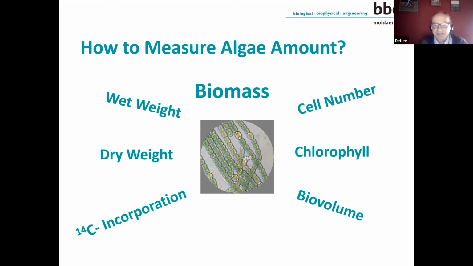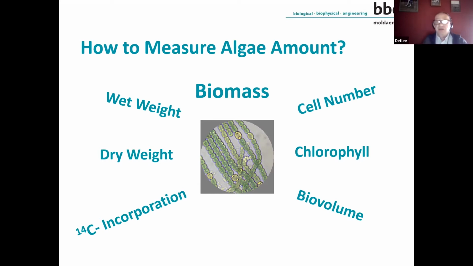You can imagine that takes a lot of time, of course, and you need skilled people. Another classical way, which is also established in most countries, is the determination of chlorophyll. I will tell you why this is the case, but chlorophyll is also used in some ISOs, where you extract the pigments and determine the content of chlorophyll, which is a proxy for the biomass.